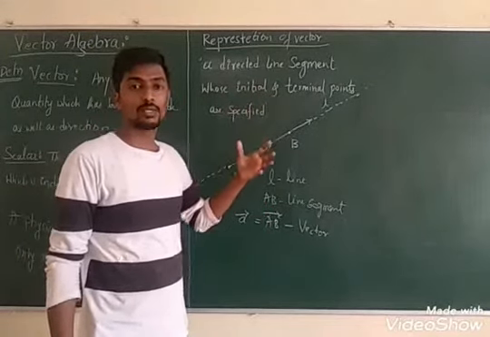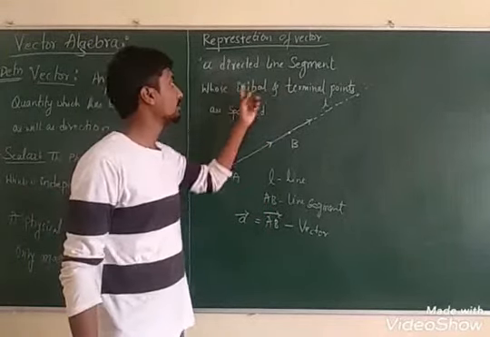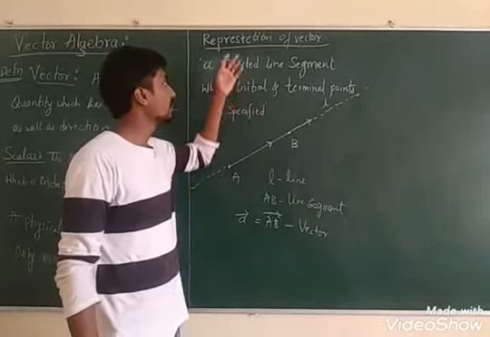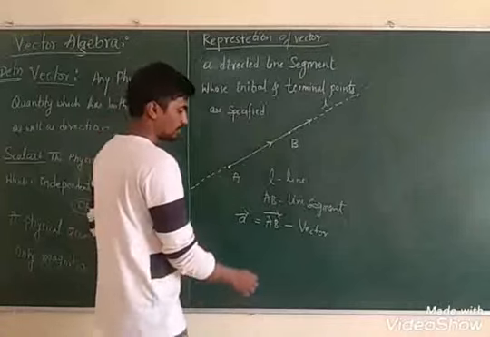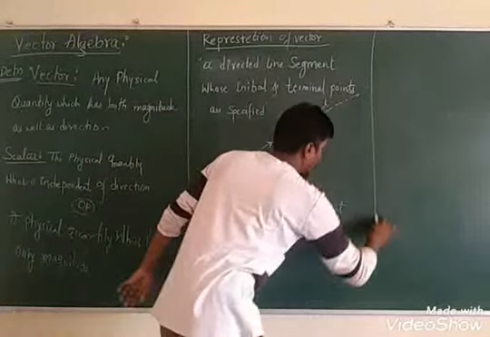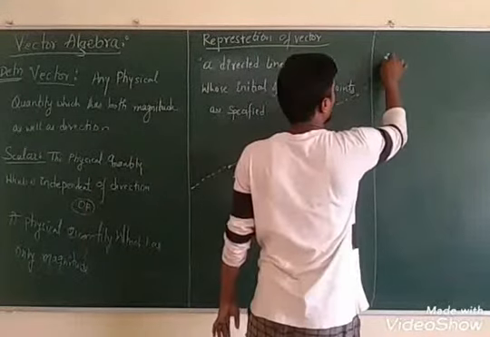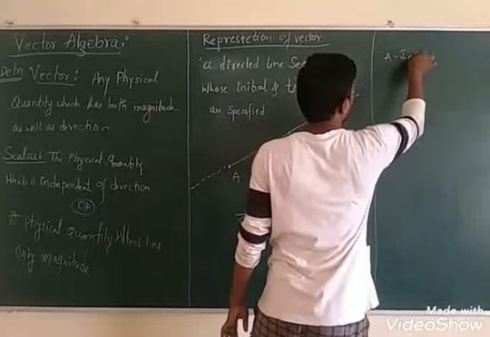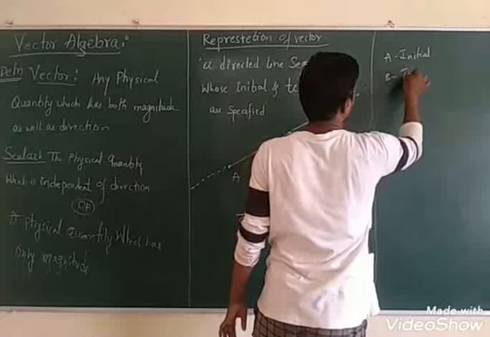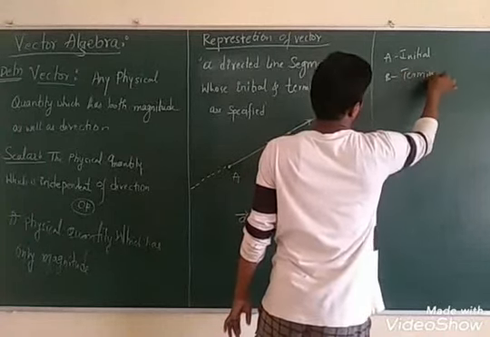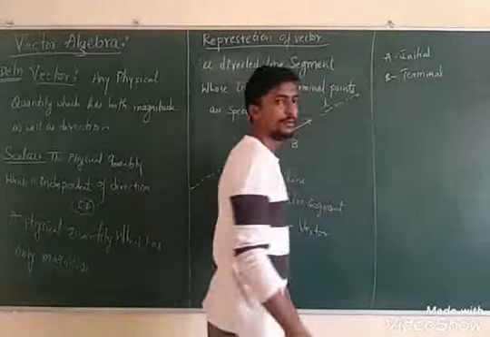Now you can understand what is meant by representation. A directed line segment is represented as a vector whose initial as well as terminal points are specified. Here A is its initial point and B is its terminal point.